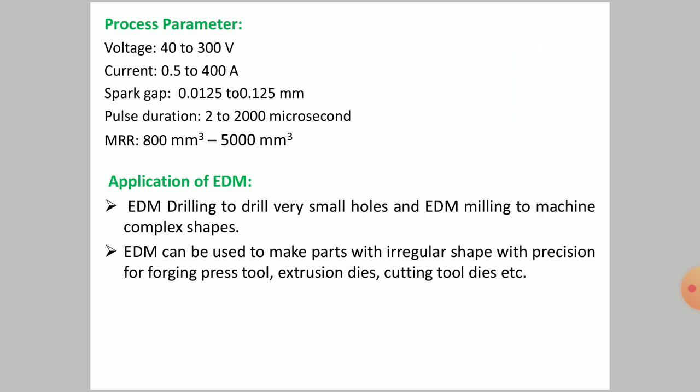The process parameters in short: voltage in the range of 40 to 300 volts, current 0.5 to 400 amperes, spark gap 0.0125 to 0.125 mm. It may vary from 0.02 to 0.4 also.